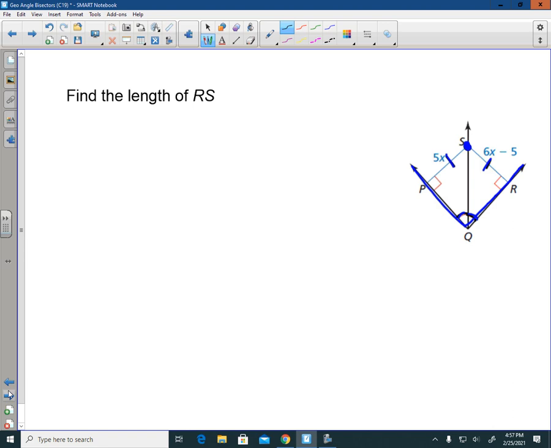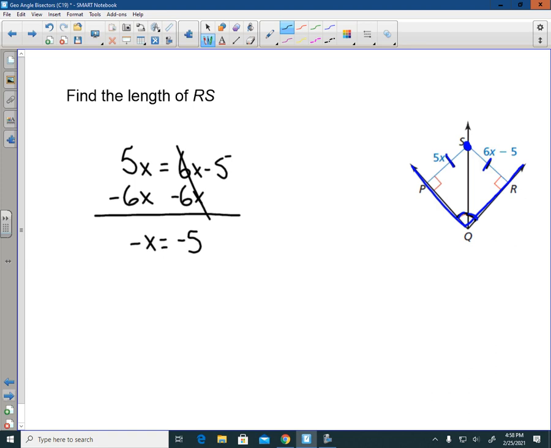In other words, 5x has got to be the same as 6x minus 5. And now we can solve for x. I'm going to subtract 6x from both sides, because it creates a clever cancellation. And I have 5x minus 6x, or negative x, equals negative 5 left on this side. Now if negative x equals negative 5, then positive x equals positive 5. And now I've found x.